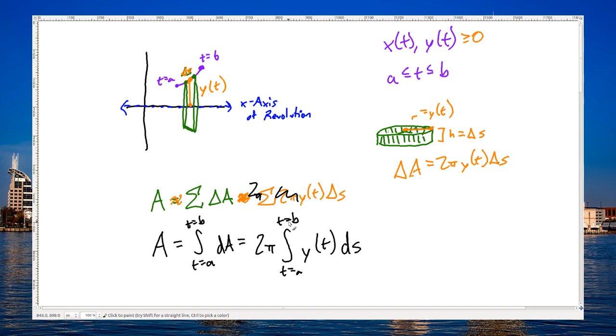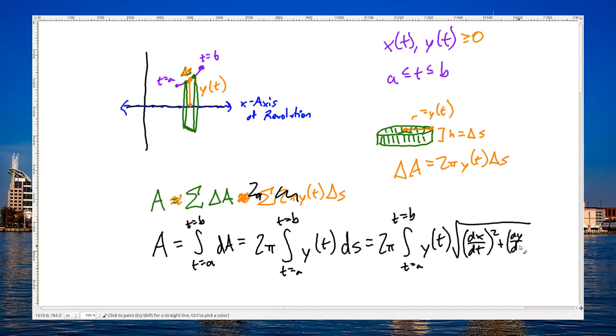Oh, but I'm still integrating with respect to t, and this is what we call the arc length differential. But when we investigated the length of a curve, we learned that ds is the same thing as, so we'll leave the y of t, but the ds can be replaced with the square root of (dx/dt) squared plus (dy/dt) squared dt.